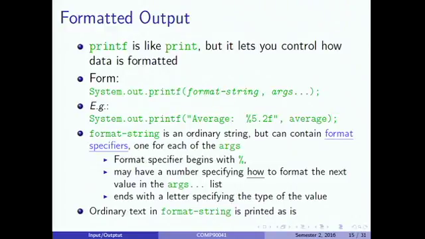And then after the number, there's a format specifier letter. That letter tells you what type of thing the next argument is going to be. So F means a floating point number, either a double or a float. So average, in this case, that F tells you that average is a floating point, probably a double.